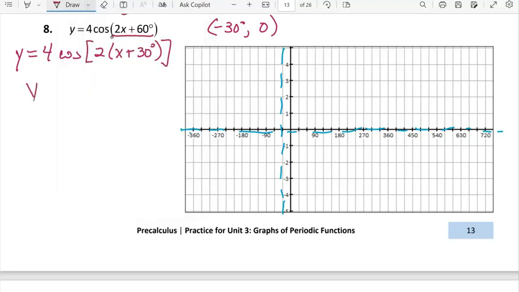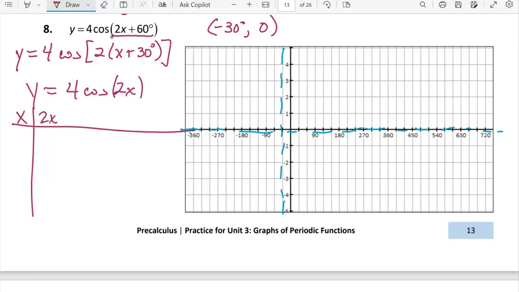Let's graph our related function that takes the translation out of it. So that would be y equals 4 times the cosine of 2x. If I make a table of values: x, 2x, the cosine of 2x, and then lastly 4 times the cosine of 2x. So the angles and their cosines are in the 2x and the cosine of 2x columns.